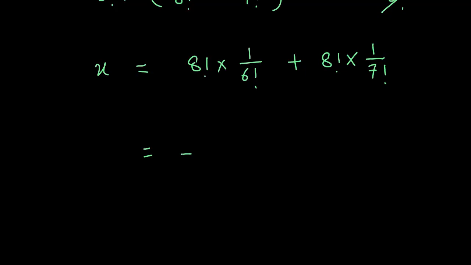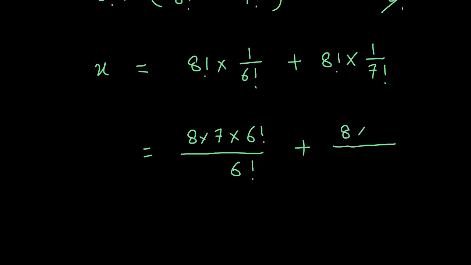Now we can write factorial 8 as 8 times 7 times factorial 6 by factorial 6 plus, again, factorial 8 can be written as 8 times factorial 7 by factorial 7.